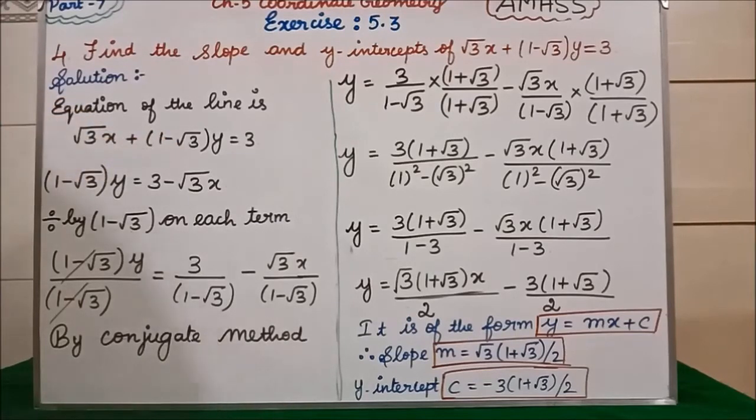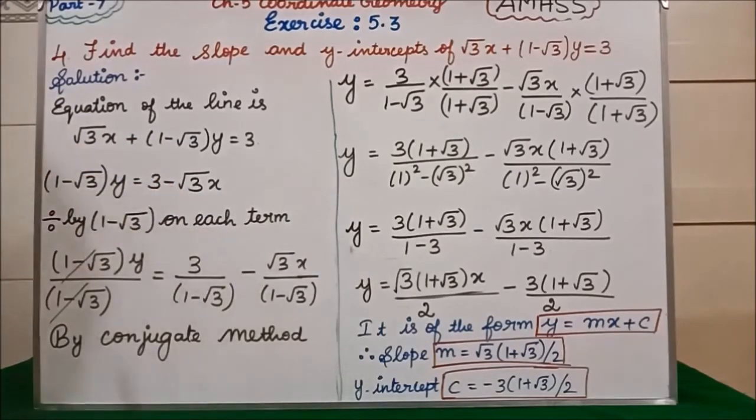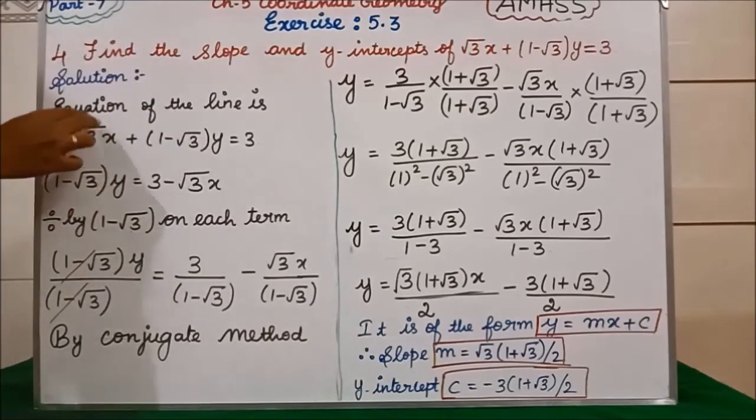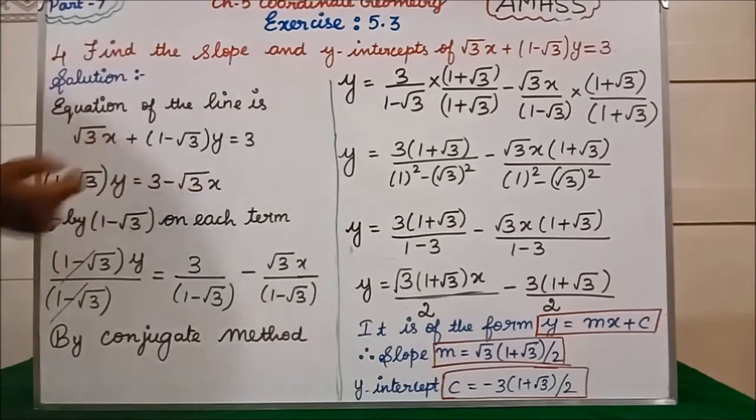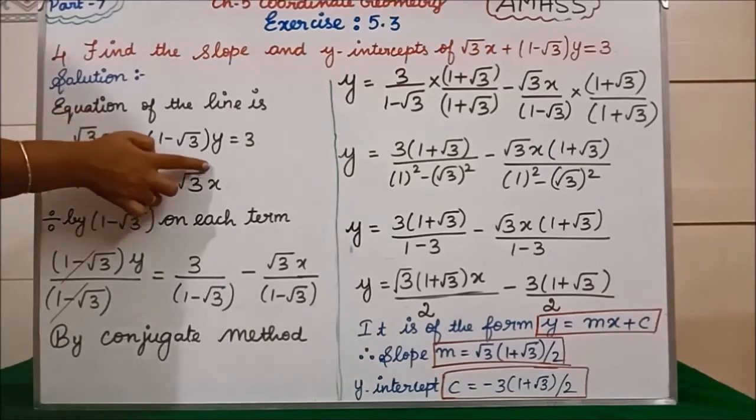See there in the blue marker box, no? Y equals mx plus c. That format you have to bring. So first you see here we have the y term. So all the remaining terms you take to that side. The remaining is only one term, the x term. Take this x term to that side. It becomes minus root 3 x. Clear, all of you?